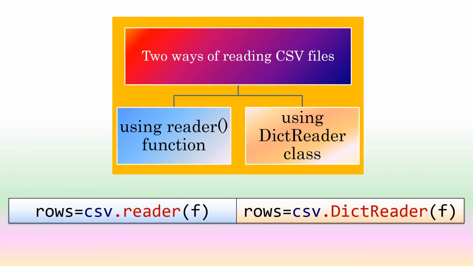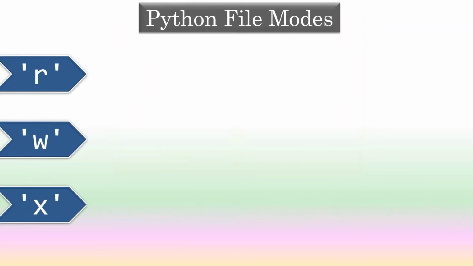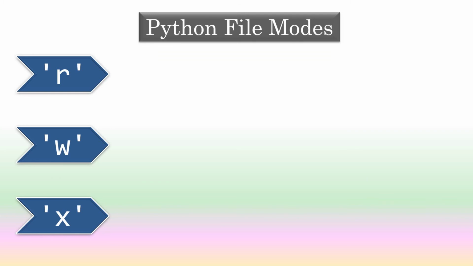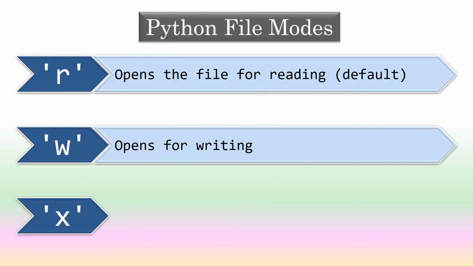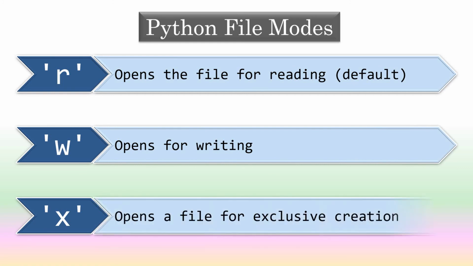The last topic in this session is Python file modes. The r mode opens the file for reading and it is the default mode. That is, even if you do not mention r in the open function, the CSV file will be opened for reading only. w opens the file for writing. x opens a file for exclusive creation.